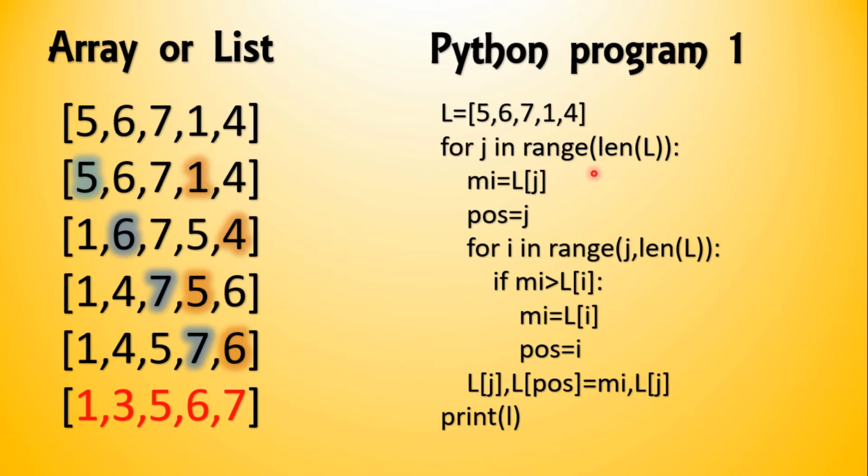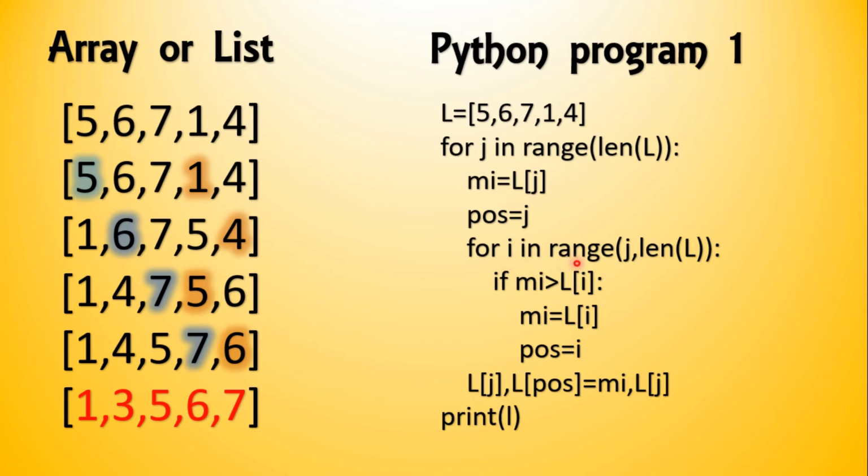I started the loop till the last of this list, and I have taken the first number in mi. Now I have taken this 5 in mi and I have also specified the position of this number. After that I started the loop, beginning from i plus 1 to j.